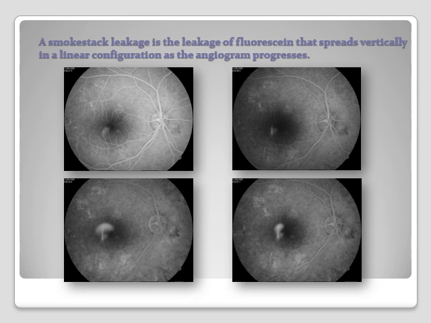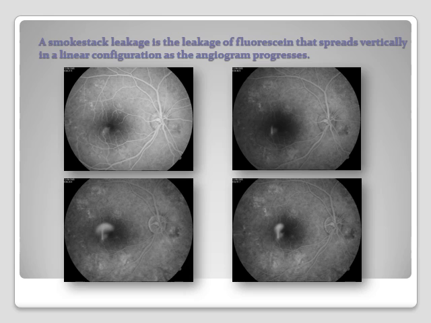In 90 to 95% of cases, we have the classic appearance of central serous chorioretinopathy in the form of smokestack appearance, as we see in this slide, or ink blot appearance, as we see in the next slide. On both of them, a pinpoint leak is identified in the early arteriovenous phase.